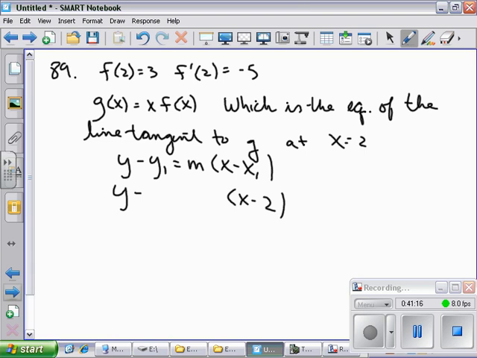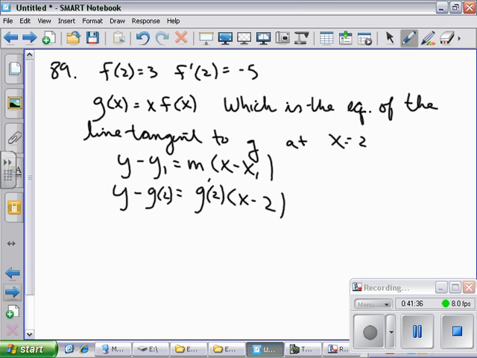You're going to plug it into g of x. So for y1, you're going to have to get g of 2. And to get the slope of our tangent line to g at 2, we need the derivative of g at 2.